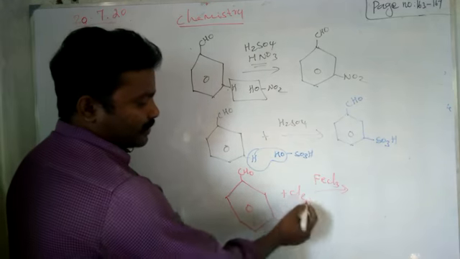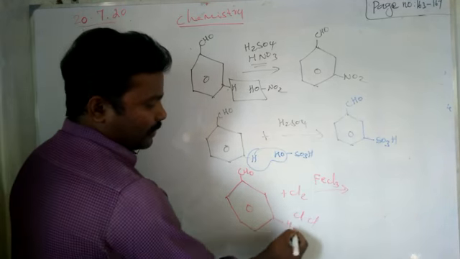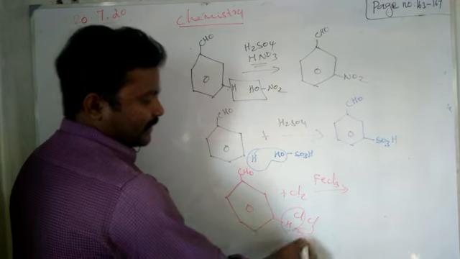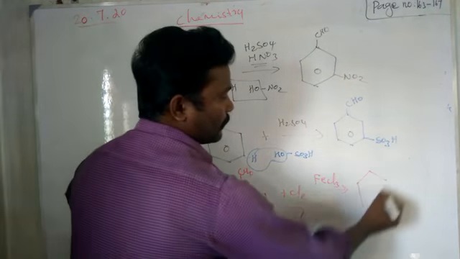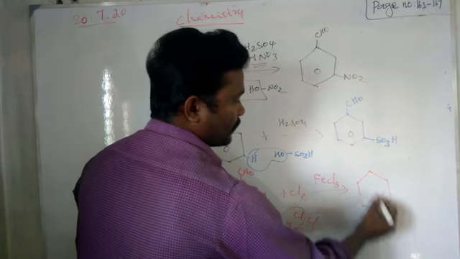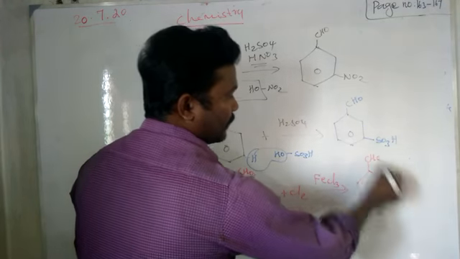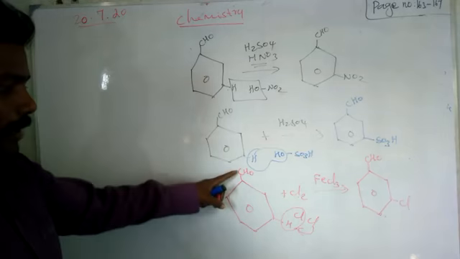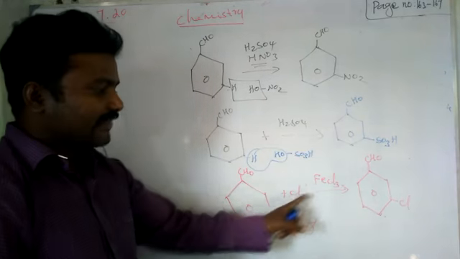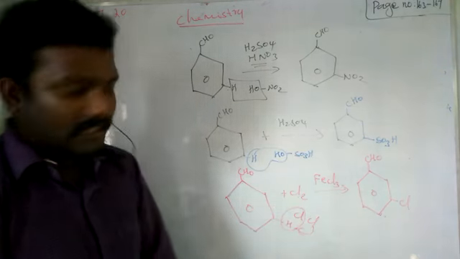From Cl2, one Cl will go as HCl, and the other Cl you can add in the place of hydrogen. So chlorobenzaldehyde.